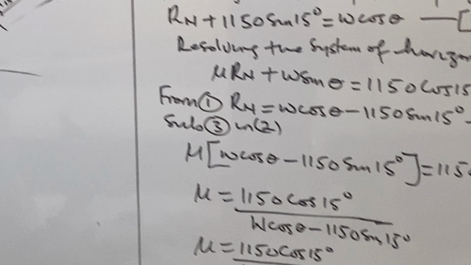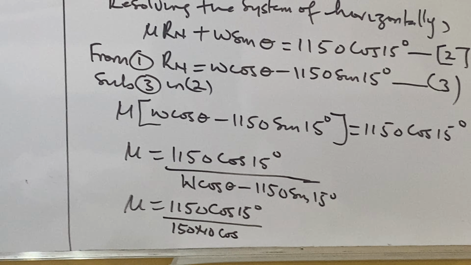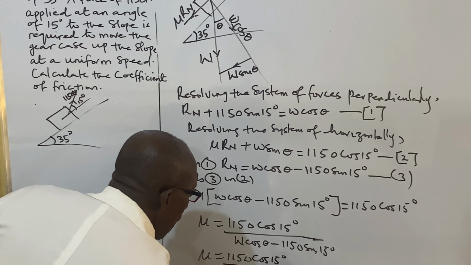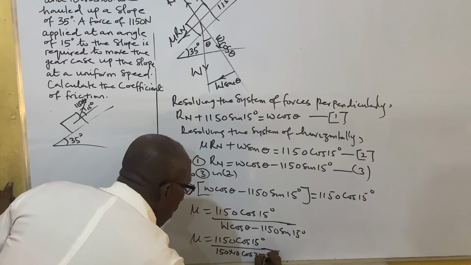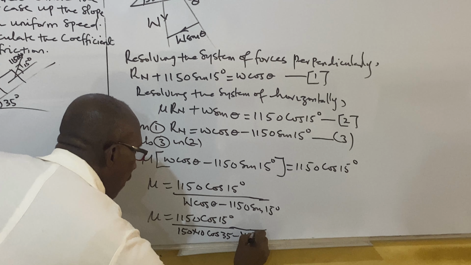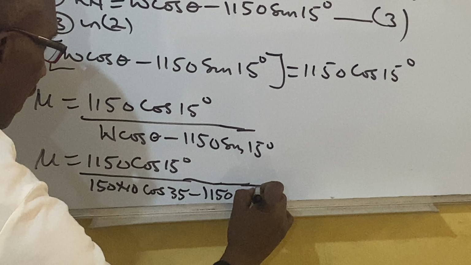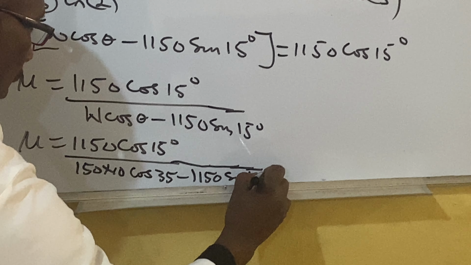So mu equals 1150 cos 15 degrees all over 150 times 10 times cos 35 minus 1150 sine 15 degrees.